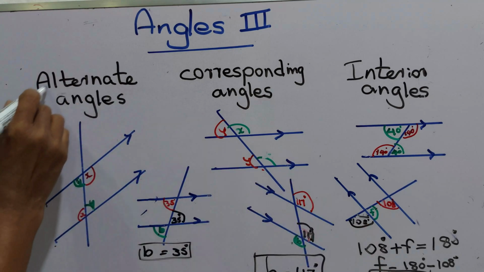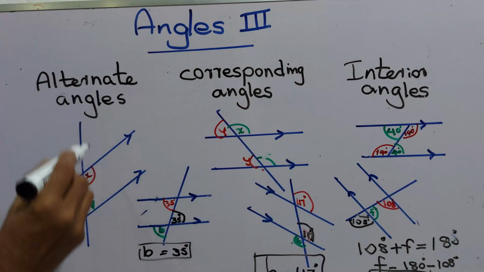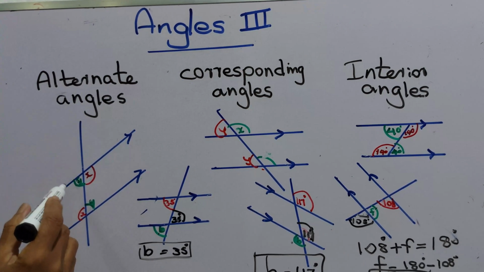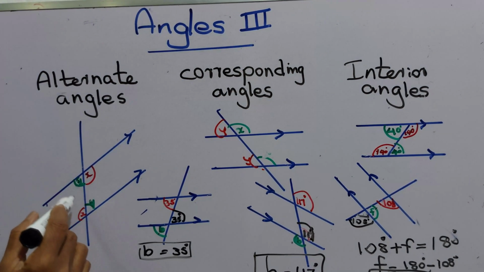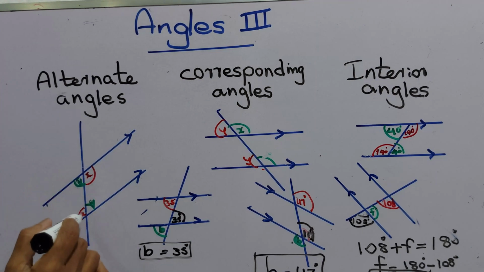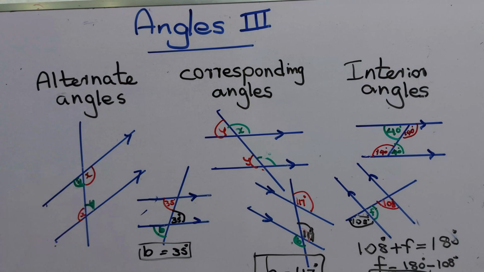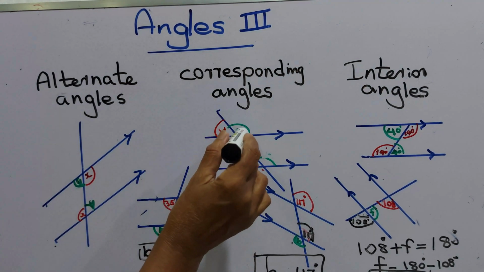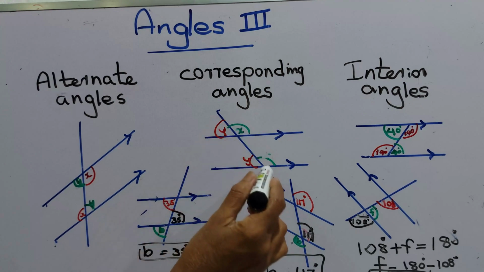Again I will explain. These are alternate angles. Alternate angles means angles on opposite sides of the intersecting line are equal. We can find these alternate angles in Z shapes. Corresponding angles are in the same place, top and bottom.